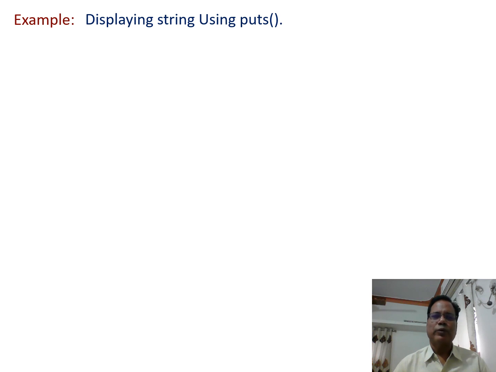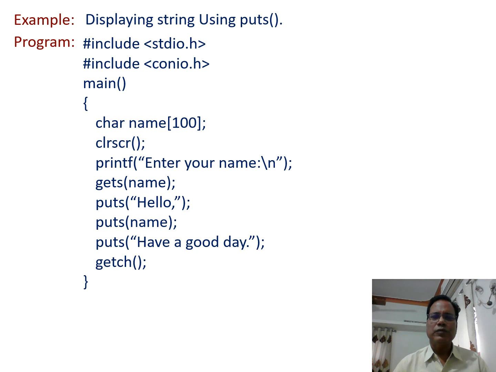Then the example program is like this. In this program, again we are including two header files, because these two header files contain some functions we are using in our program. Here we declare a character array name that can contain 100 characters.